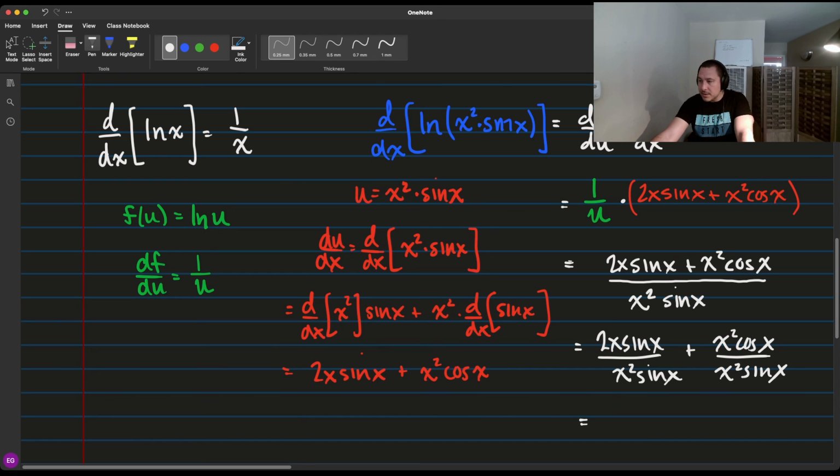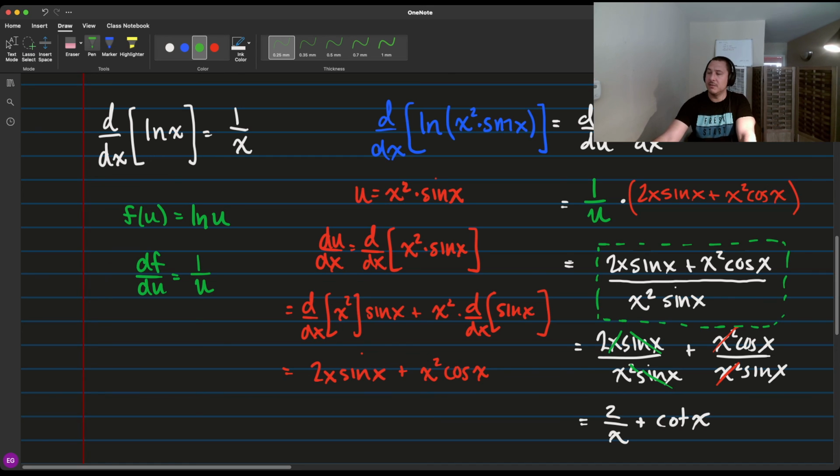If you cancel, the sines cancel, and the x and x squared cancel, and you're going to get 2 over x plus, now the x squareds cancel, and the cosine over sine becomes cotangent. Both of them would be acceptable answers. Either would be correct is what I'm saying. What's annoying about these is you might get several different ways to write your answer.